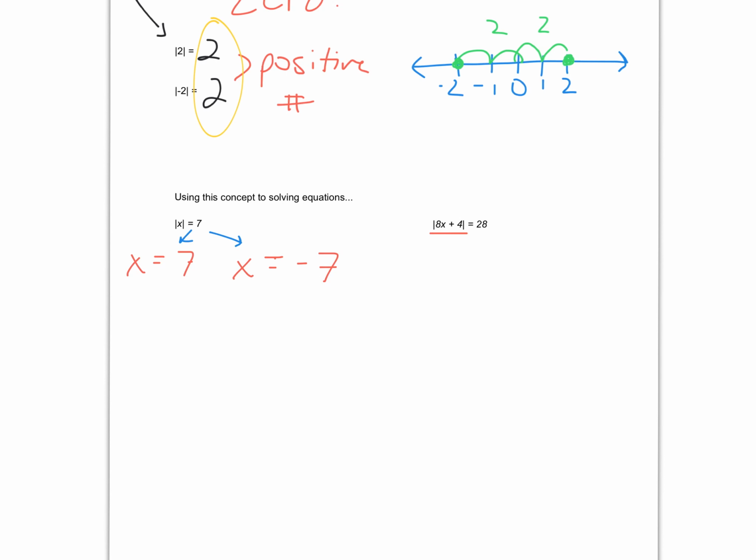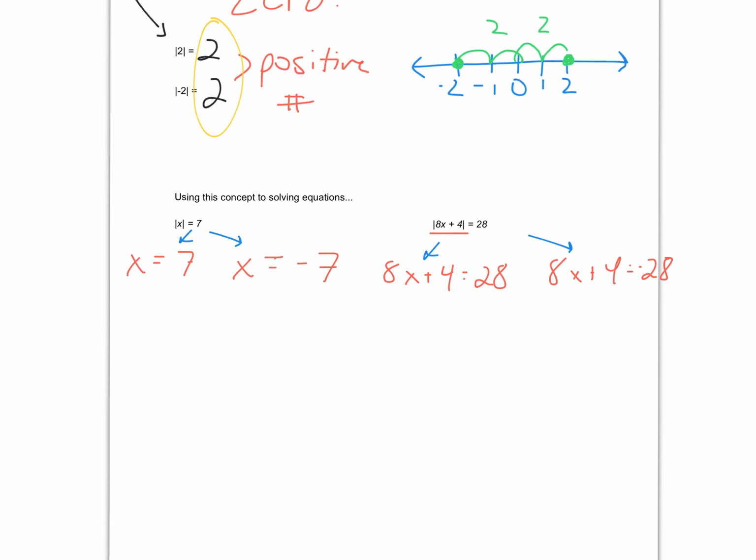So let's set up 2 equations, one over here and one over here. Just like before, we're going to say 8x plus 4 equals positive 28. Then we're going to say 8x plus 4 equals negative 28. And you notice when I set up these 2 equations, the absolute value sign goes away because we're just rewriting it as 2 equations we know how to solve.